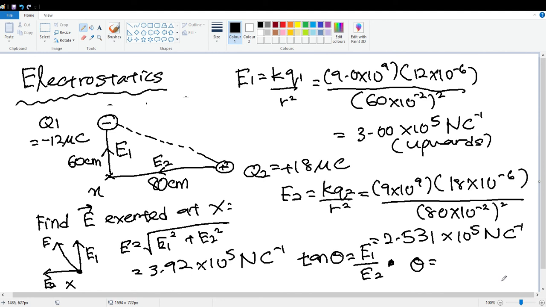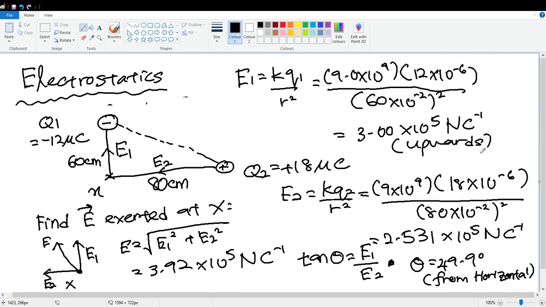What I get for the final angle is 49.9 degrees, and this is from the horizontal. Alright, so that's it for the direction of the electric field.